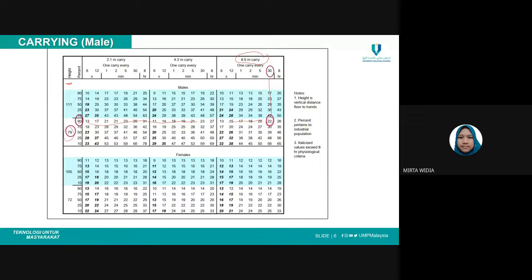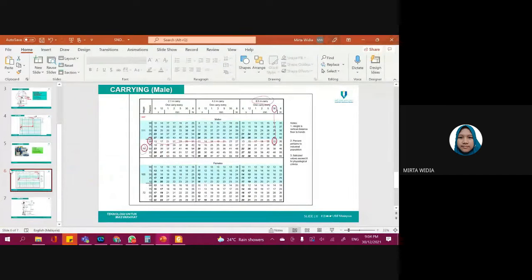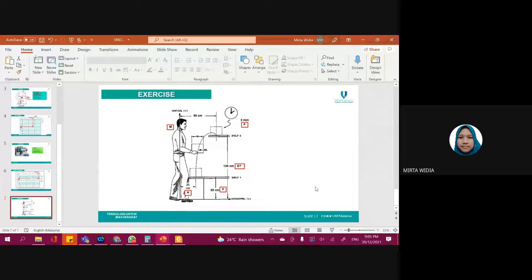So this is how you can use these tools or this table to determine the maximum acceptable weight limit based on the activities and also the gender. Maybe after class you can try this exercise.